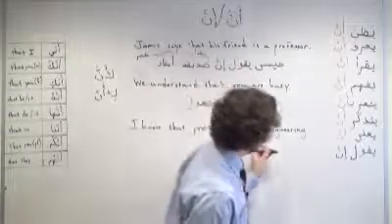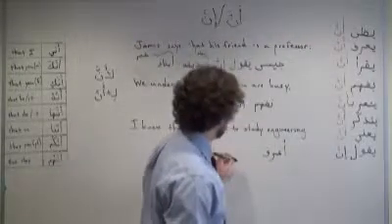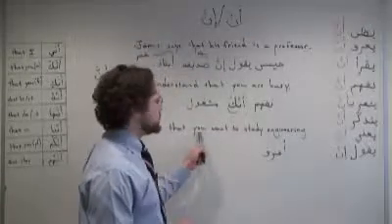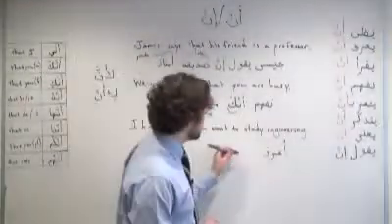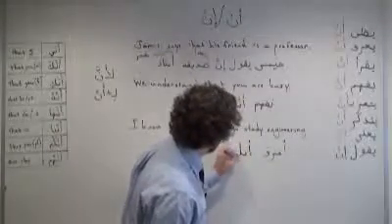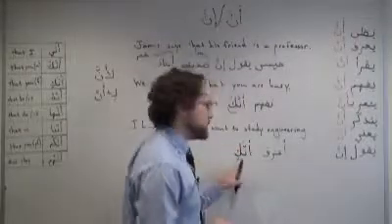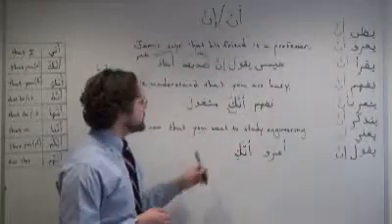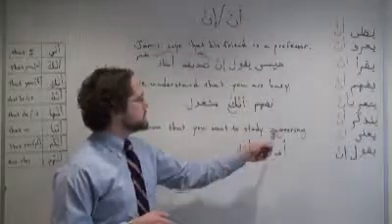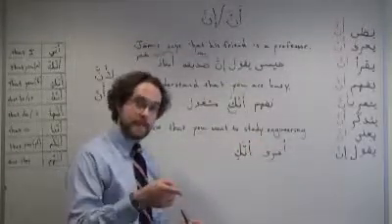We would say, أعرف and then the that you, again, we're going to need that suffix attached to anna, أعرف أنك, because we're talking to a woman. You want to study engineering. So ki is our subject representing enti.